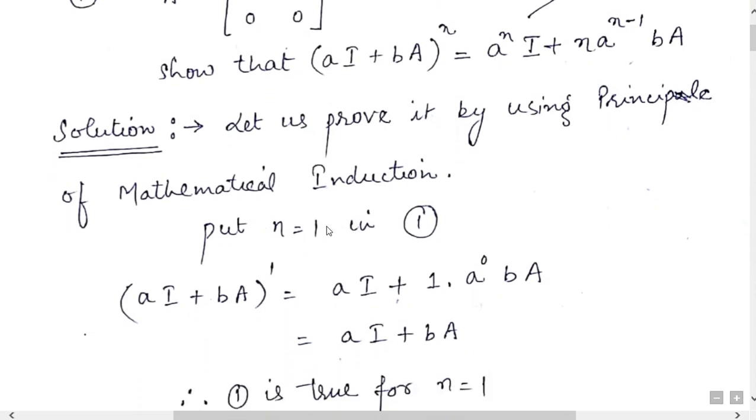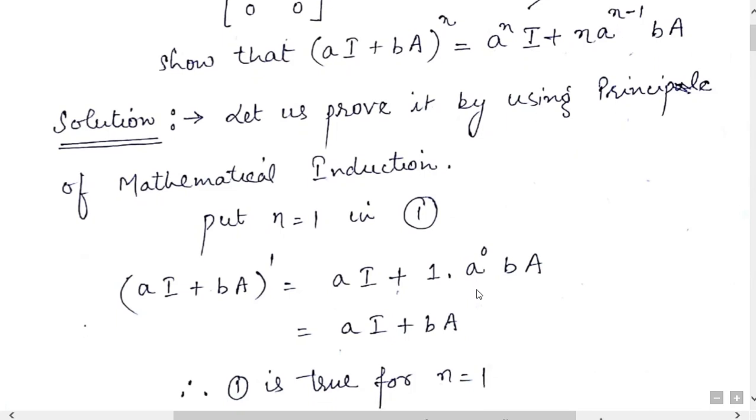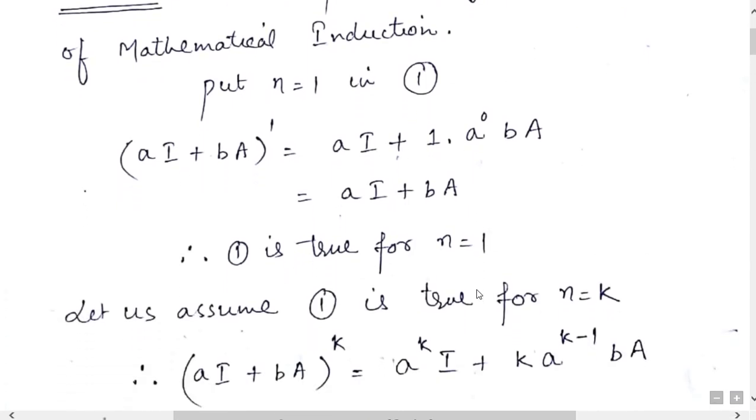In the first step, please insert n equal to 1. (aI plus bA) raised to power 1, aI, 1, A raised to power 0, then bA. Anything raised to power 0 is equal to 1. It means the answer is aI plus bA.